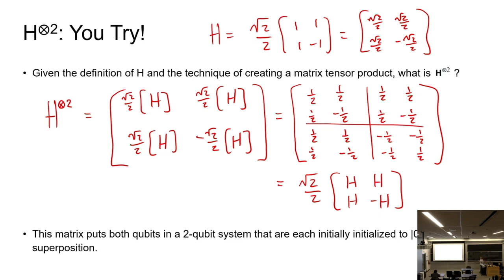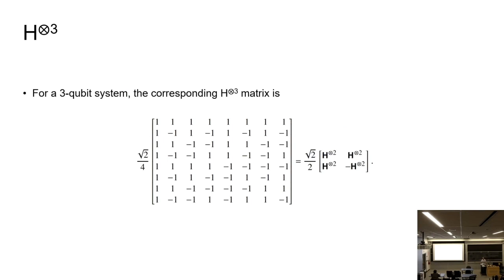When we're dealing with 2 qubits, it doesn't get too hairy. And if we want to deal with 3, we do exactly the same thing. If we do this recursively, we can see that for an n-qubit quantum system, the multi-qubit gate for Hadamard is just square root of 2 over 2 times the n minus 1 2 by 2 matrix, composed.